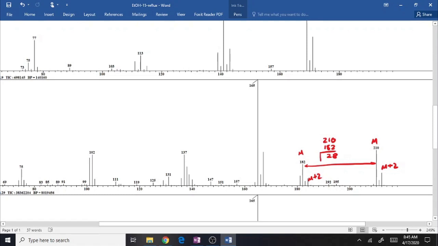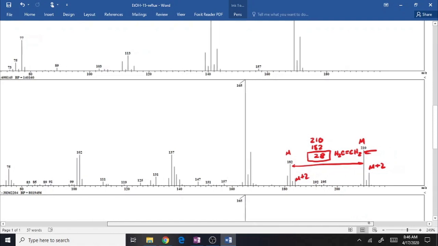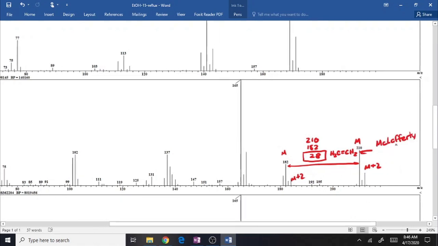And you should recognize certain items like this, the 28, being equivalent to loss of an ethylene, and that something like this is an indication of the McLafferty rearrangement. And recognize what that means. For a McLafferty, you have to have a structure such as this.